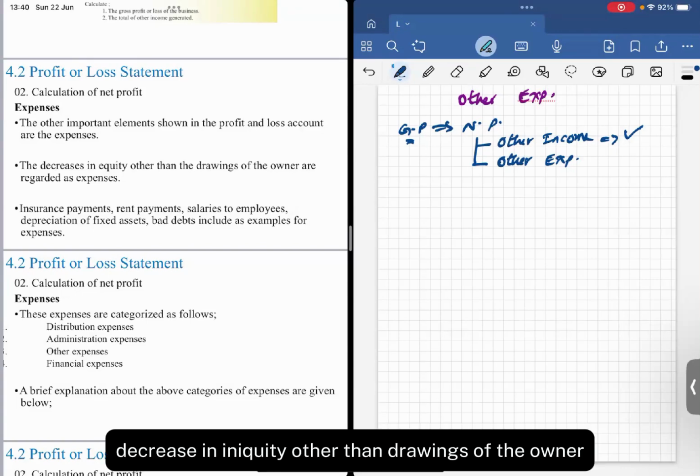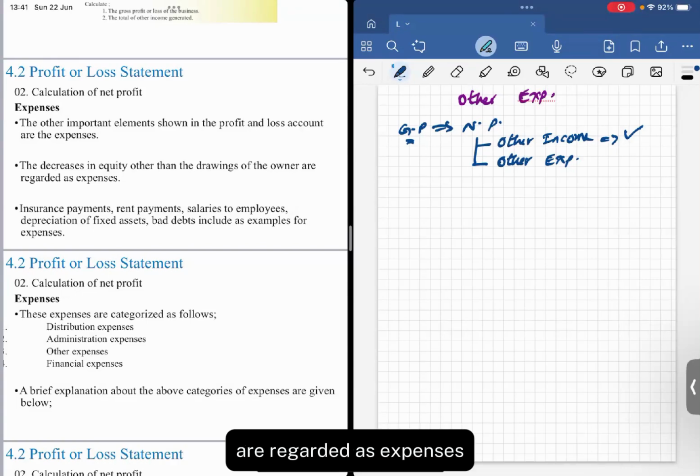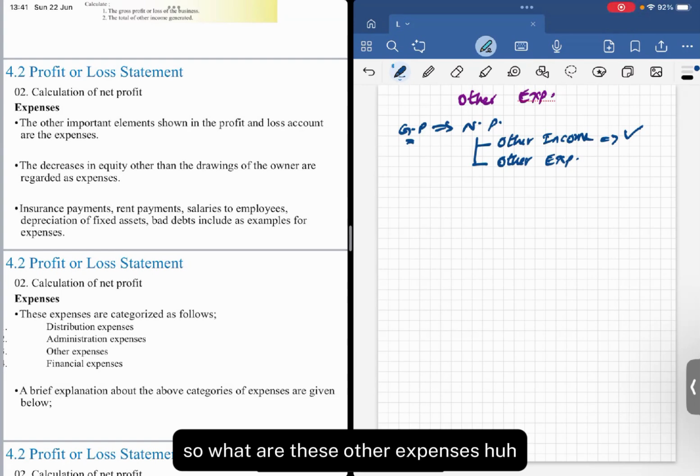Decreasing in equity other than drawings of the owner are regarded as expenses. So what are these other expenses?